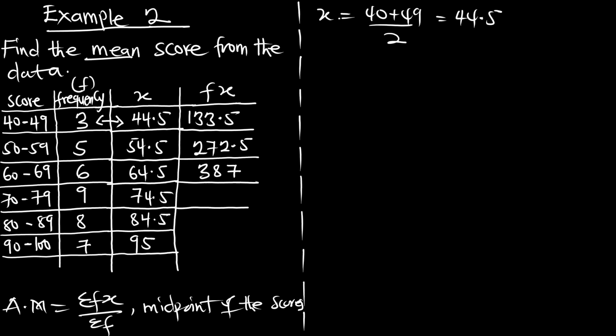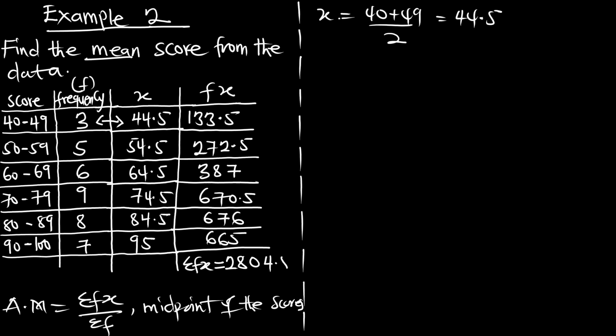We also have 670.5, and here too we are getting 676, and the last part 665. So we can write summation of all the fx, that is going to give us 2,804.5, and the summation of f is going to give us 38.